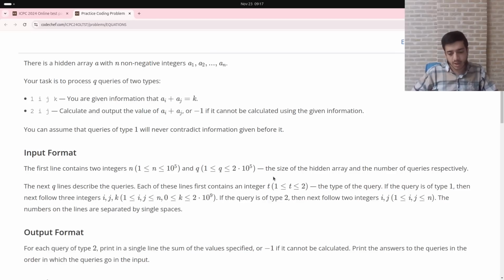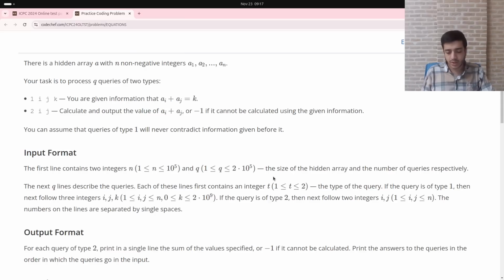By fix I mean we need to make sure every single part of our solution is working, and then we'll start coding. So we'll initialize a DSU, disjoint union set, at the beginning, and we process queries of type 1 like this.